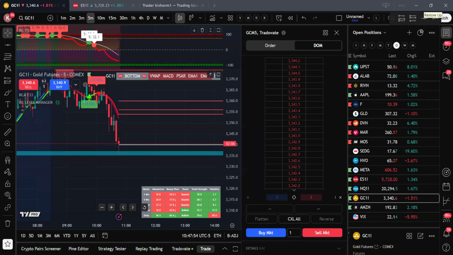So you can take profits on Amazon, Meta, Gold, VIX. Nearly 80% with gold puts.